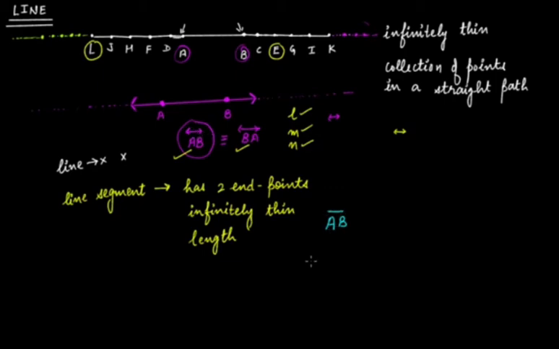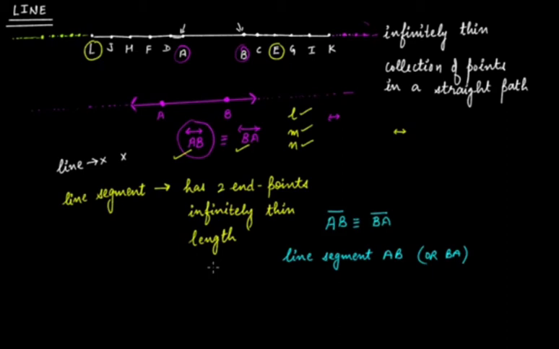So this is AB, and similarly to a line, it can also be BA, because again you have two endpoints. But you'll not use letters like L, M and N, as we did for a line.